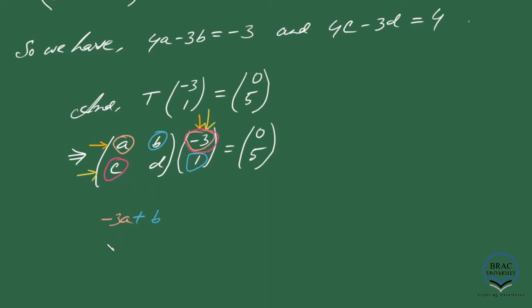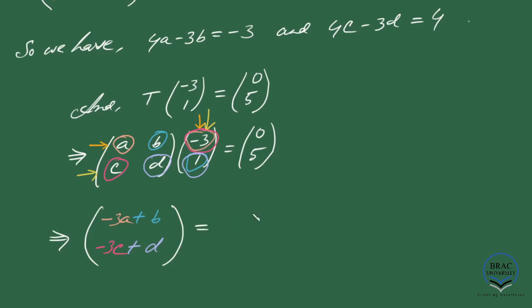Then I can write -3c, and then I select the next entry of the same row, and from here I select the next entry within the same column, and then we multiply them, it becomes d, and then we're going to add all of them up. Okay, so this is what we have now.